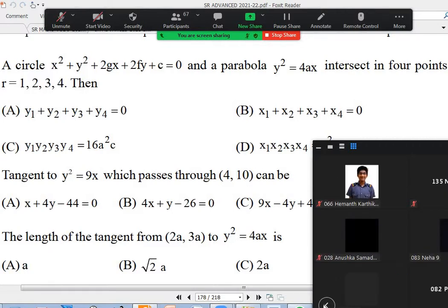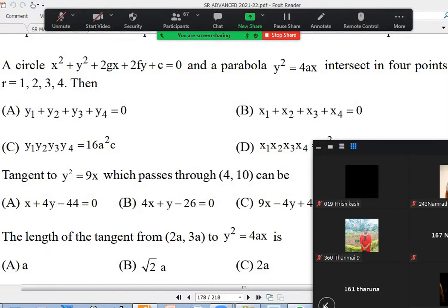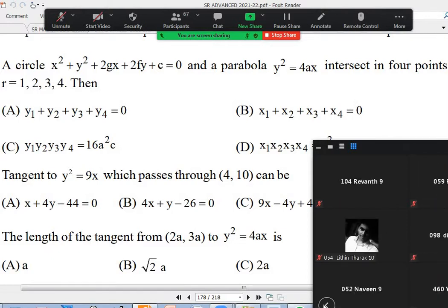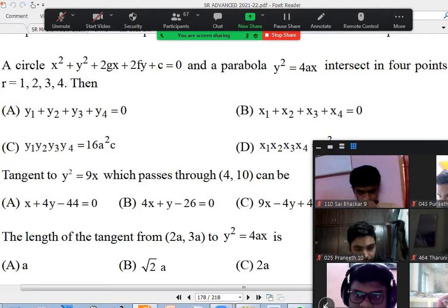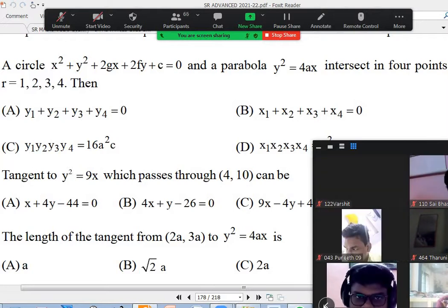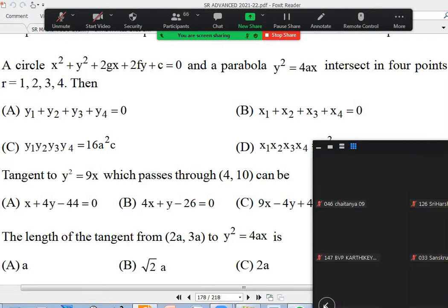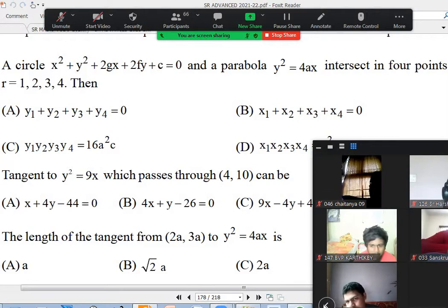Next, up to which questions did you try in the parabola mains material? Sir, numericals are left. Okay. Praneeth, up to which question did you try in the parabola mains material? Numericals are left, sir. Okay. Samskriti Raut?